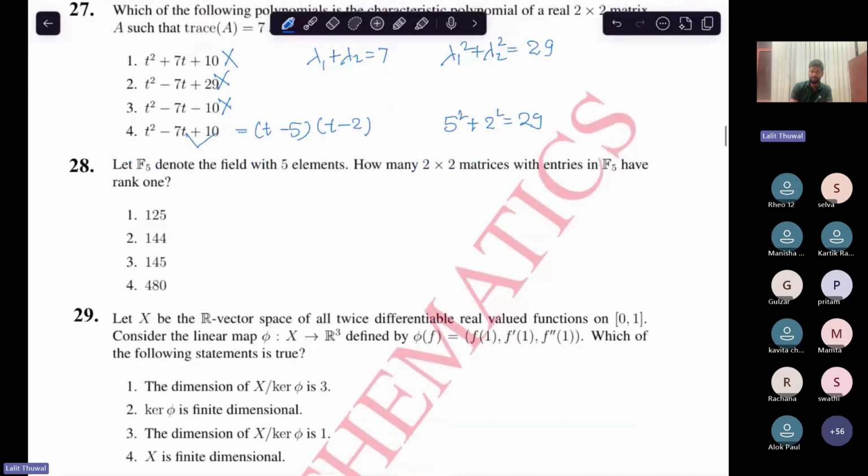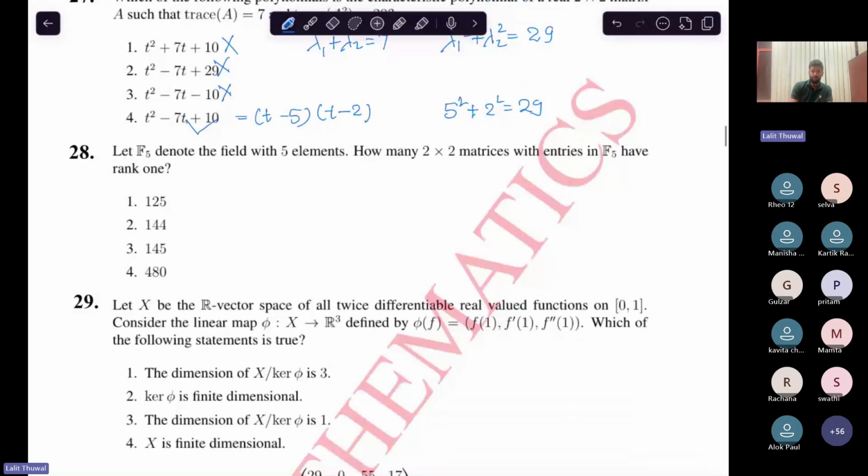Right. Now question 28, what does it say? Let F5 denote the field with 5 elements. How many 2 cross 2 matrices with entries in F5 have rank 1? See, if you have a matrix of 2 cross 2, it can have rank 2.